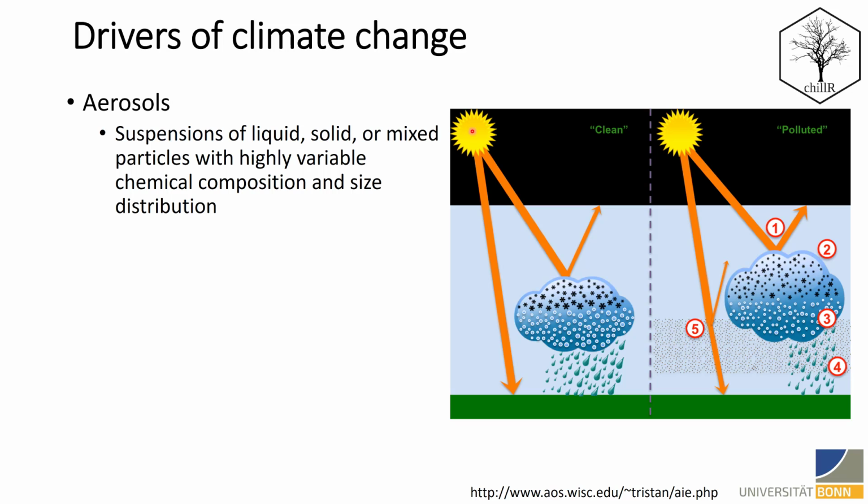If the air was perfectly clean, we would have the situation shown on the left, where a lot of the radiation from the sun reaches the surface of the Earth, and there's certainly some that is reflected by clouds or possibly by bright surfaces, but basically whatever doesn't touch these clouds reaches the Earth pretty much uninterrupted.